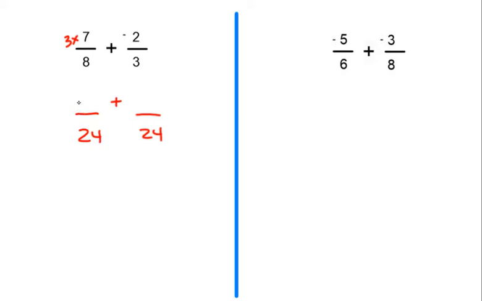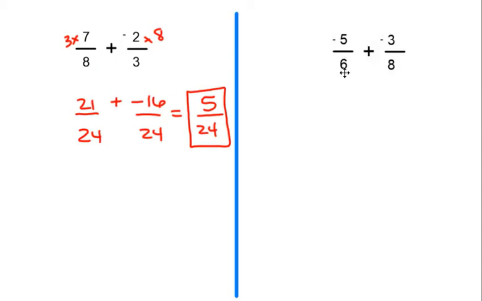So 3 times 7 is 21. 3 goes into 24 8 times. -2 times 8 is -16. Now that I have my denominators the same, I bring it over. 21 plus -16. I have different signs, so I'm going to go ahead and subtract the two numbers, which is 5, keep the sign of the bigger number, which is 21, so my final answer is 5 over 24.